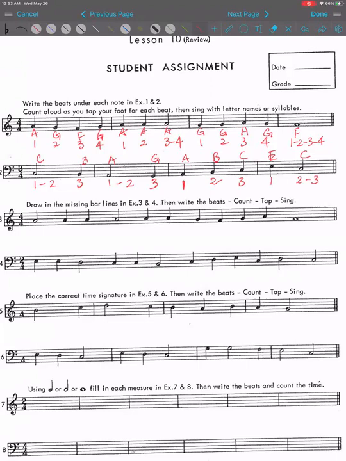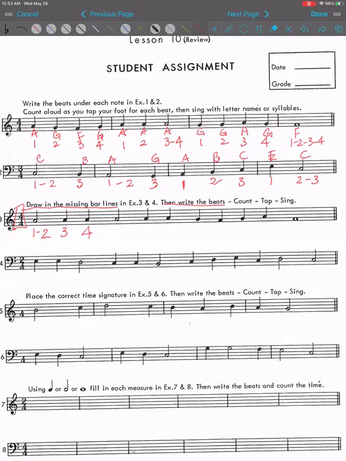Next one, draw in the missing bar lines, then write the beats. So missing bar line is basically asking you if you know how many beats should be in one measure. Here you look at 4/4, knowing you have to have 4 quarter beats in each measure. So you can count 1, 2, and then 3, 4.